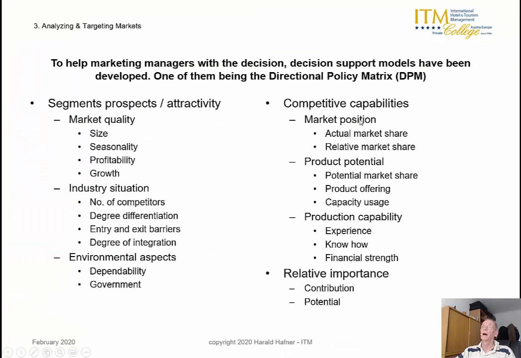This is not very practical, because in the real world, the success or the failure of a strategic business unit does not only depend on one factor, but on various factors.